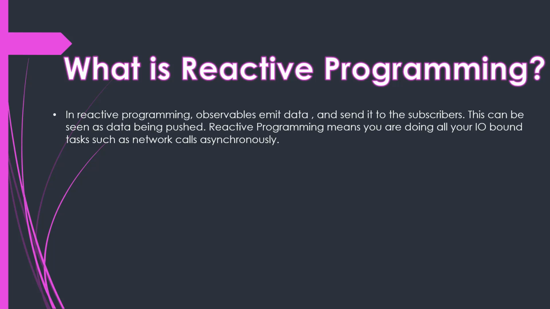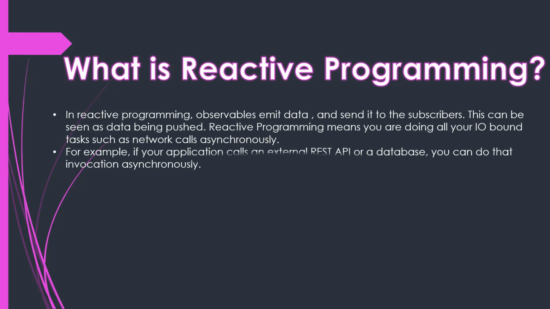This can be seen as data being pushed. Reactive programming means you are doing all your I/O bound tasks such as network calls asynchronously. For example, if your application calls an external REST API or a database, you can do that invocation asynchronously.